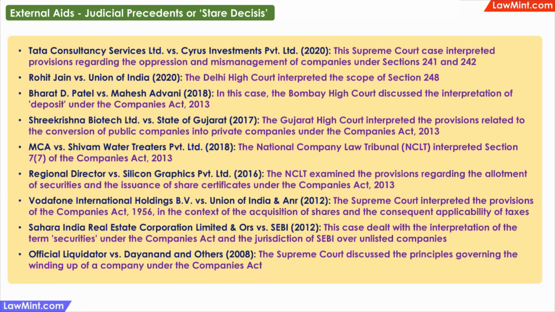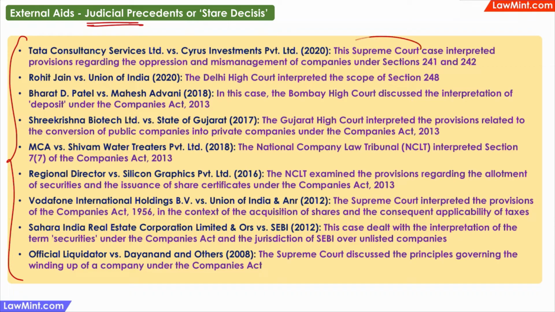When judges make a decision on a case, they explain their reasoning, and this explanation or reasoning can then be used as a guide in similar situations in the future. These are what we refer to as judicial precedents. In India, the principle of judicial precedent, also known as stare decisis, is a critical aspect of legal practice. A judicial precedent becomes mandatory for lower courts when a higher court has established a legal principle after deliberating on a matter.